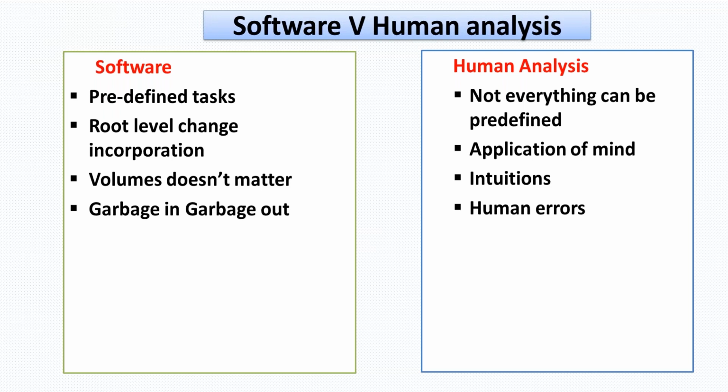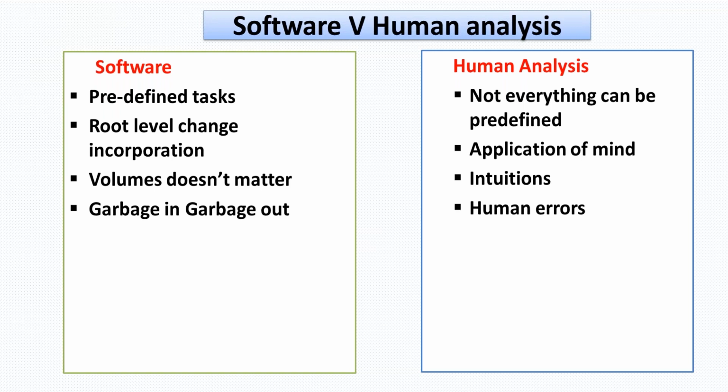But even beyond that, there would definitely be a place for us humans, because those skills are inculcated skills which we have developed over a period of time, and a machine can never replace a human being. Be it the application of mind or the intuitive experience we have, in those areas we would definitely require human beings and human analytics.